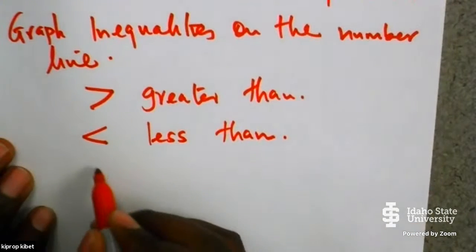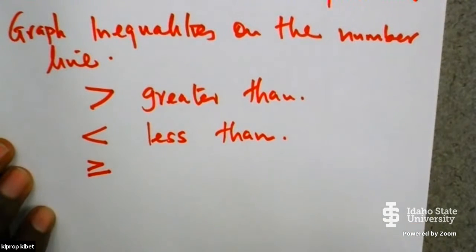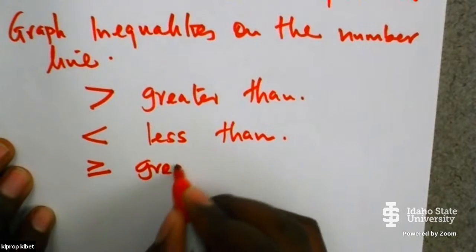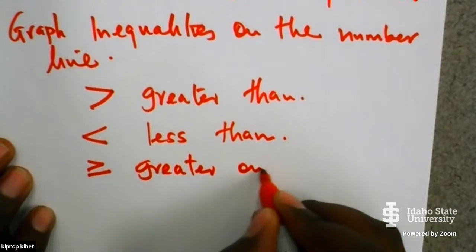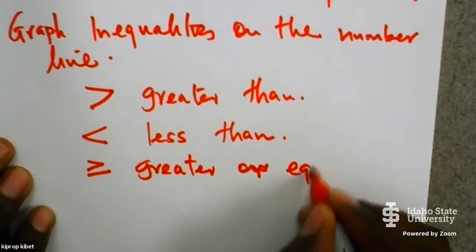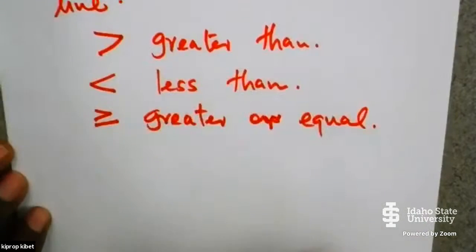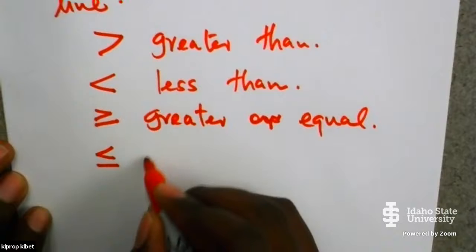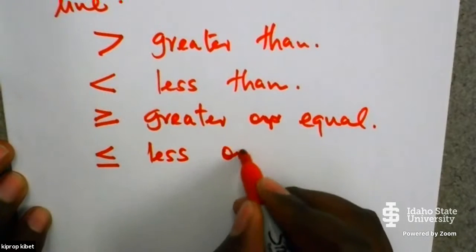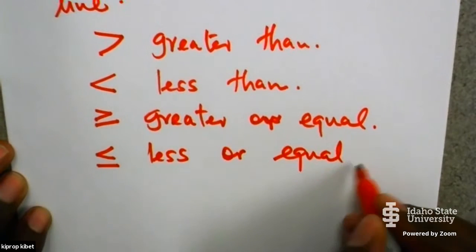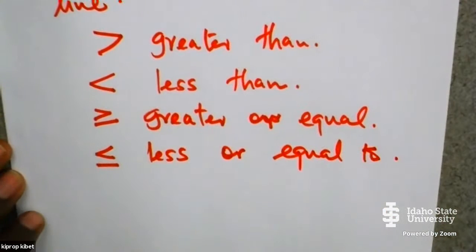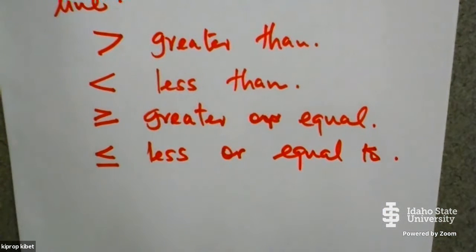We also have this, which is greater than or equal to. And then we have that, which is less than or equal to.